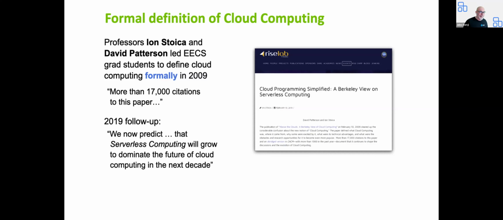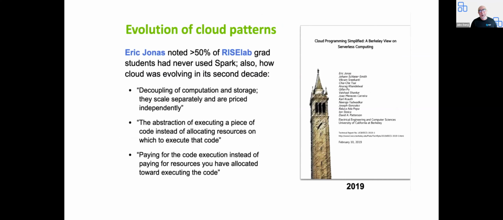And ironically, 10 years after that, they published a new paper in 2019, a different spin on the same paper, claiming this is the new Berkeley vision of serverless computing. There was a postgraduate student there by the name of Eric Jonas, who is now a professor of computer science at the University of Chicago.